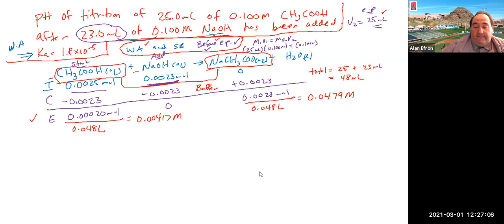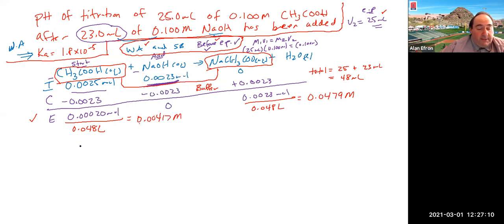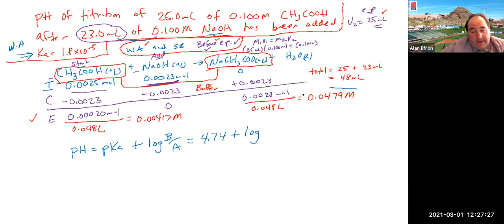Because this is a buffer, you do have the option of another ice table, but I'm personally going to go into the Henderson-Hasselbalch equation. And that means we have 4.74, which is our pKa value that we've used before. The other important thing is, as we talked about last time, this is our base.